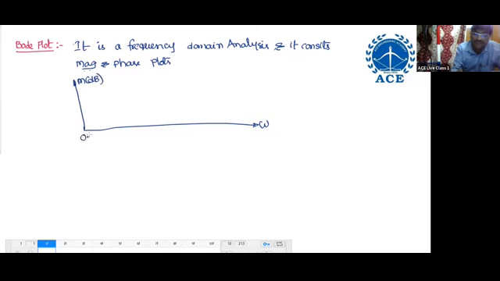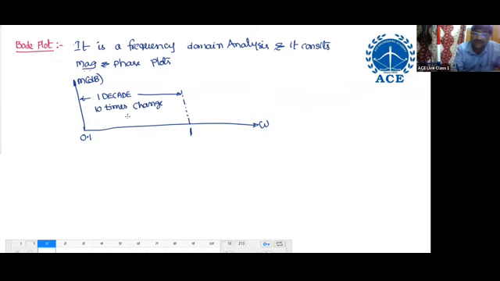This is 0.1, this is 1. This is called 1 decade. One decade means a 10 times change in frequency.